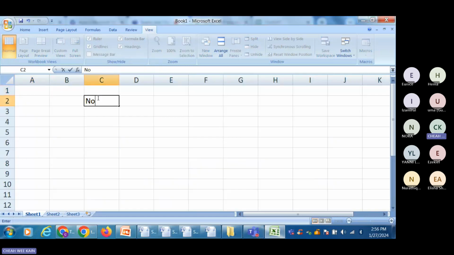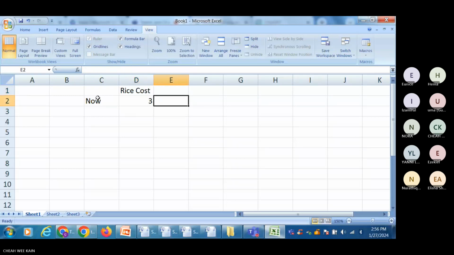Okay, now rice, RM3. Now your ikan bilis, your cost is RM2.